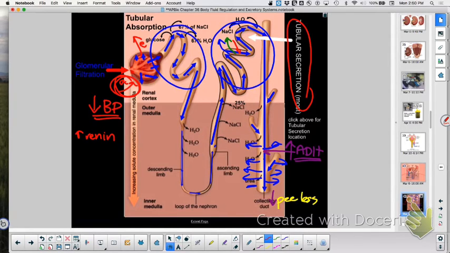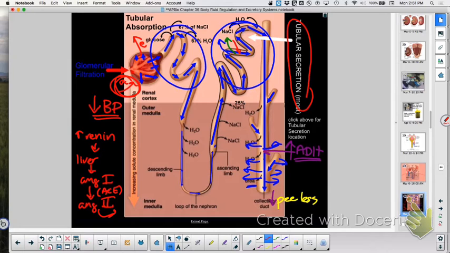Okay? Renin will make something from the liver. This triggers then the liver. Do you remember this part? Angiotensinogen, right? And then the liver secretes that, and angiotensinogen, due to renin, becomes angiotensin 1. Then something called ACE from the lungs makes it go to angiotensin 2.